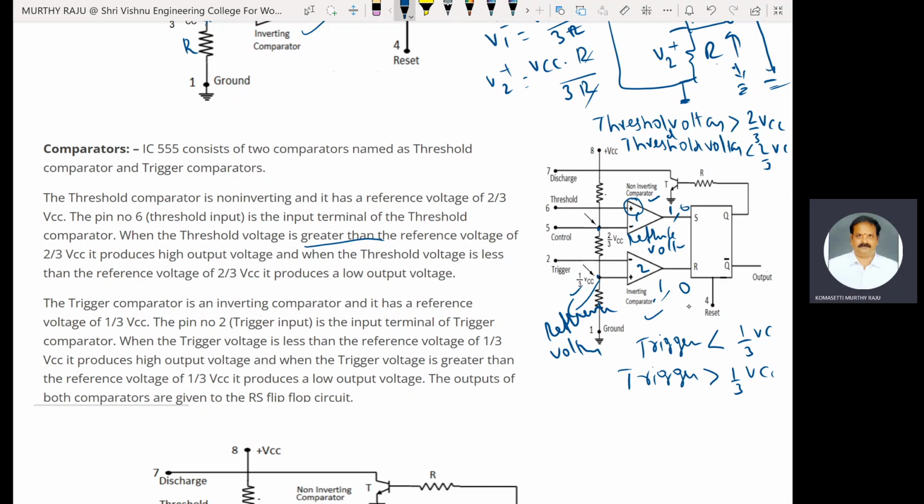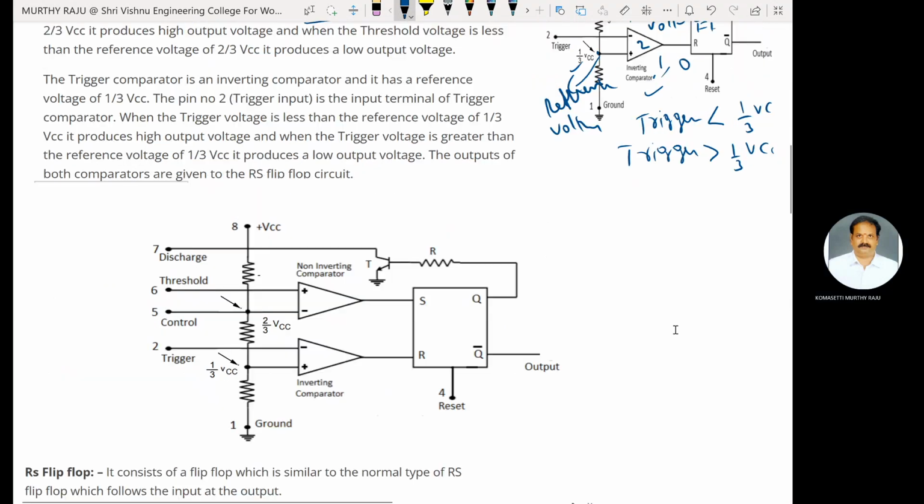The outputs of both comparators are given to the RS flip-flop. The non-inverting comparator output is connected to S, and the inverting comparator output is connected to R. These are the inputs of the SR flip-flop.